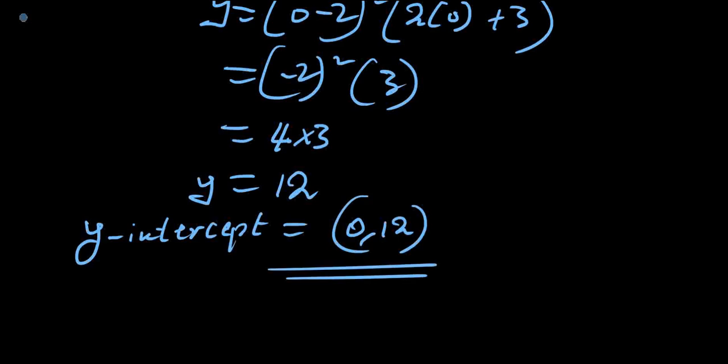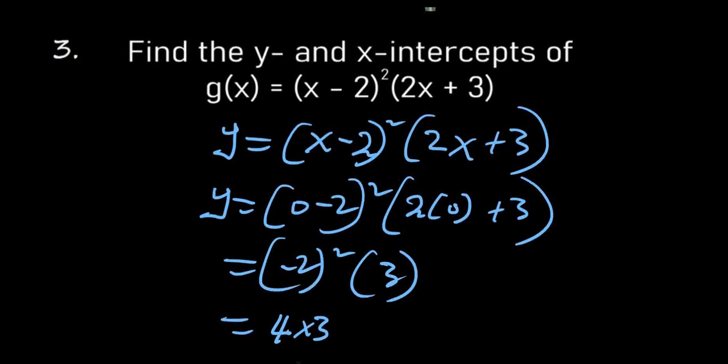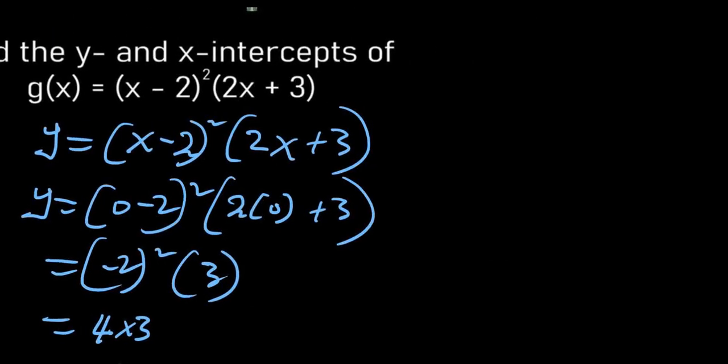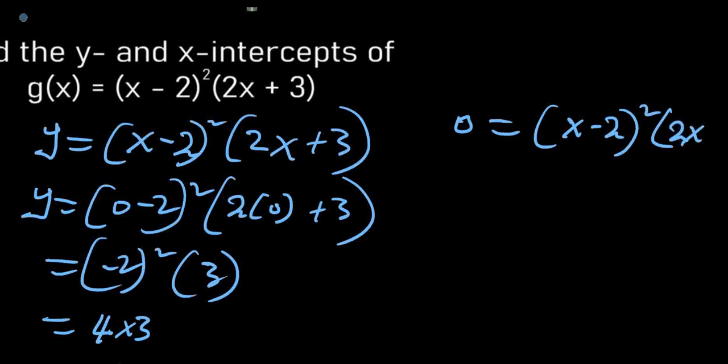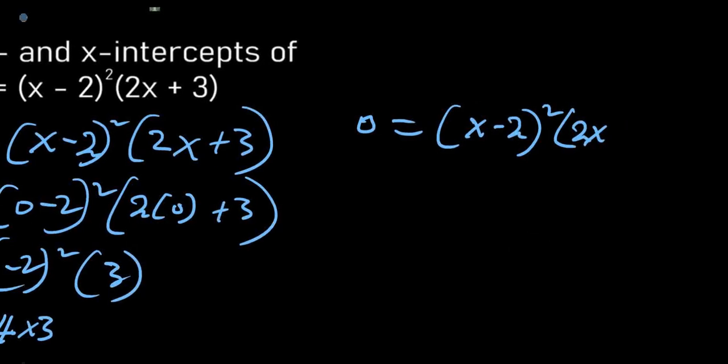Now, let's also find the x-intercept. The x-intercept is when y equals 0. So we are going to write the function as 0 equals (x - 2)^2 (2x + 3).